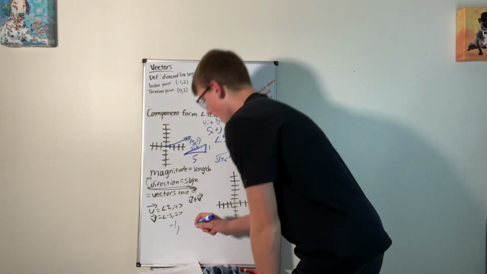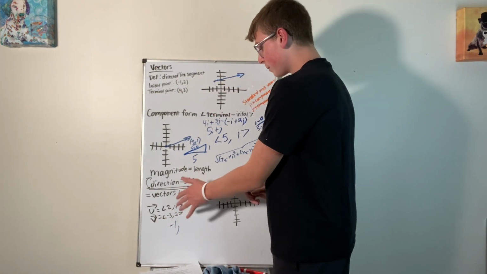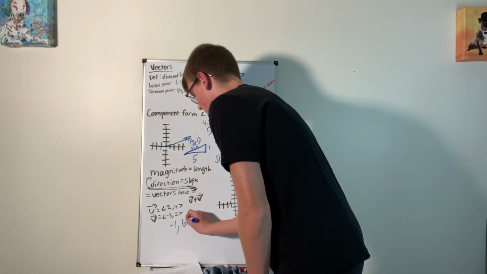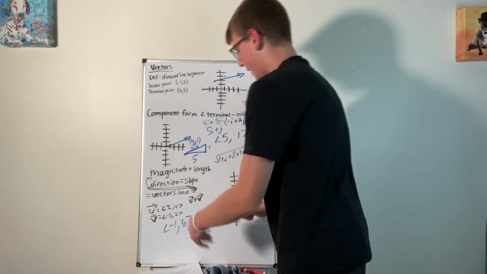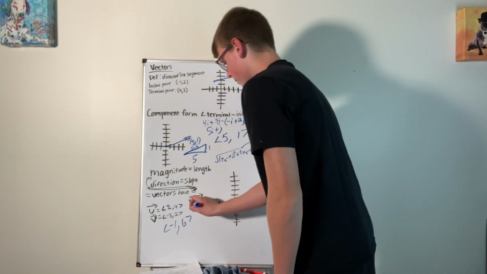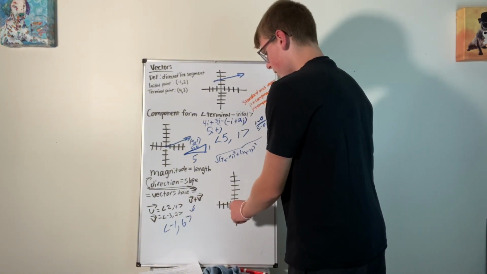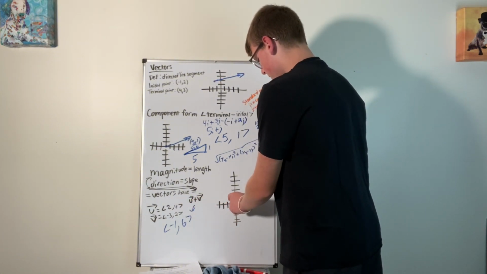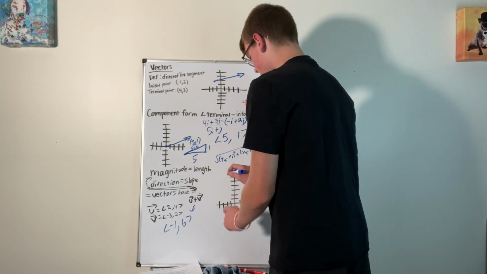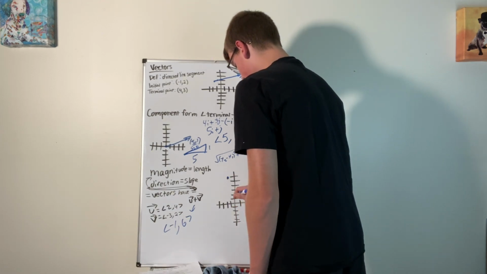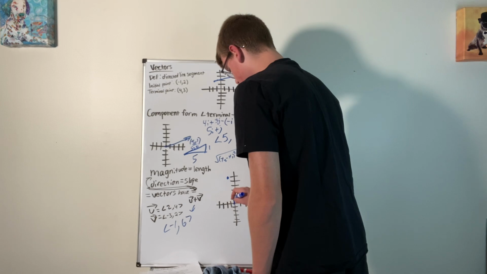Got that one. And then 4 plus 2 is 6. And just caret, caret, and that's u plus v. So we'd go -1, 6. 1, 2, 3, 4, 5, 6. That would be our solution.